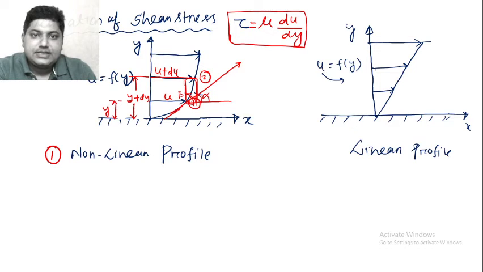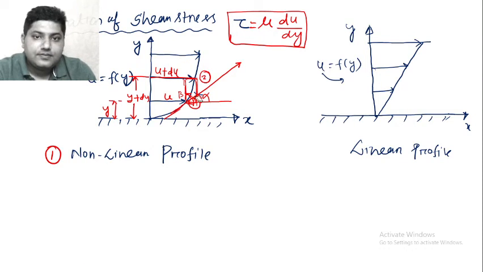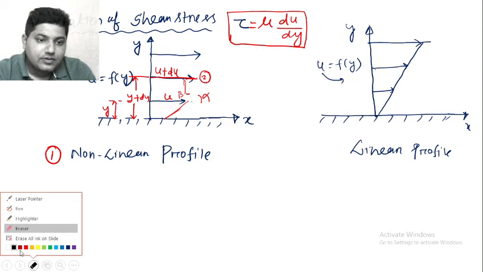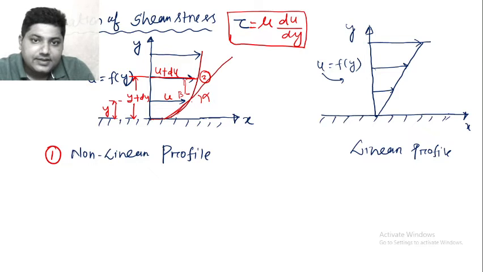Let me clear this figure again. So this is the velocity profile. Here I am drawing a tangent at this point.